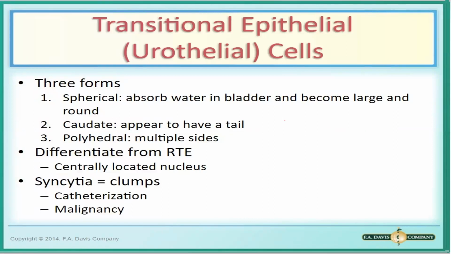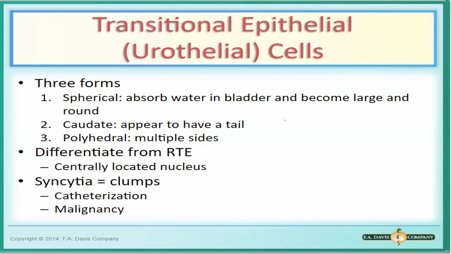Next is transitional cells or urothelial cells. Again, transitional cells come from your bladder or higher up the genitourinary tract before your tubules.